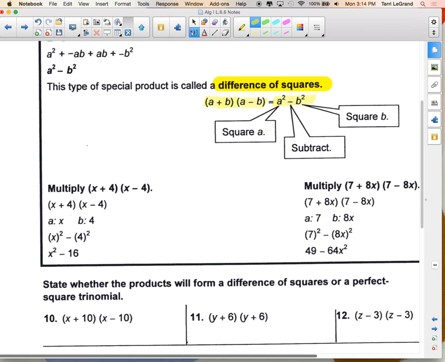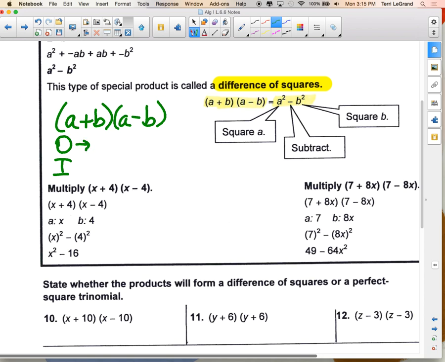Why can we just ignore the other multiplications? Let's think about FOILing it. What would happen when we FOIL? If I took A plus B times A minus B, I want to just concentrate on the O and the I step. What would the O step be? A times negative B. What's that?